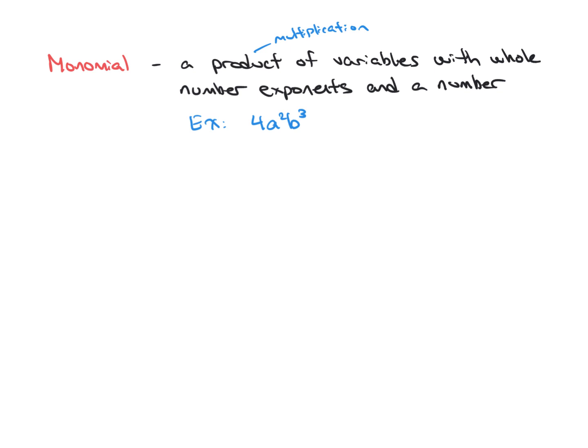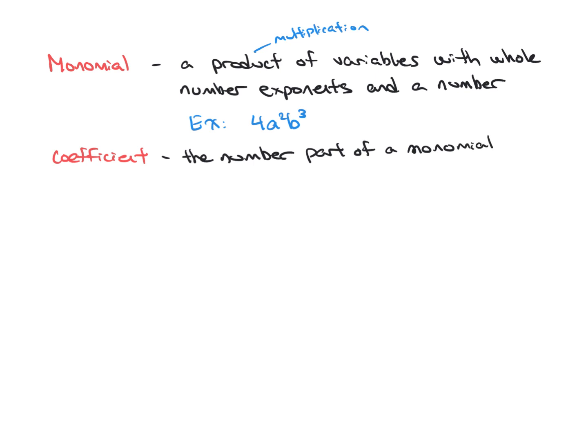Now I'm going to go into the next definition, which is called coefficient. And the coefficient is not the most formal language here, but I'm just going to do it anyway. The number part of a monomial. Yeah, that's not really good, but I'm going to run with it. The number part of a monomial.